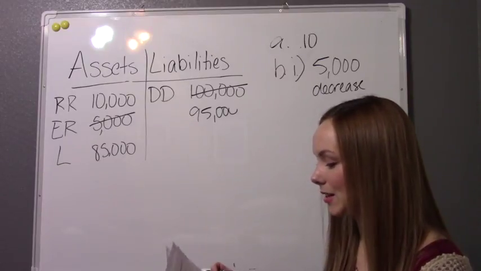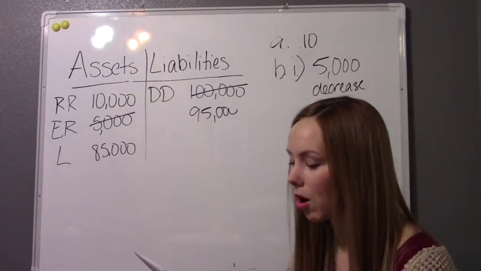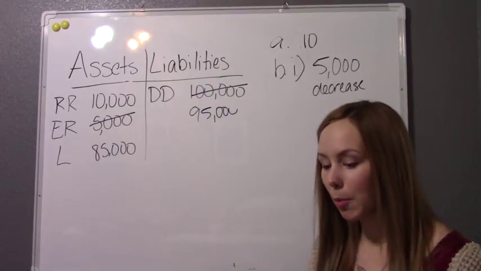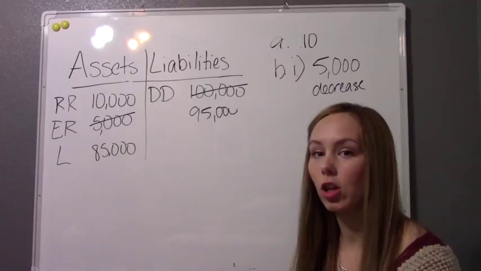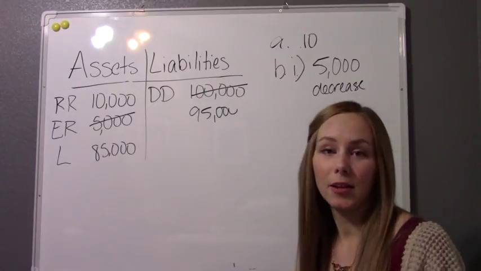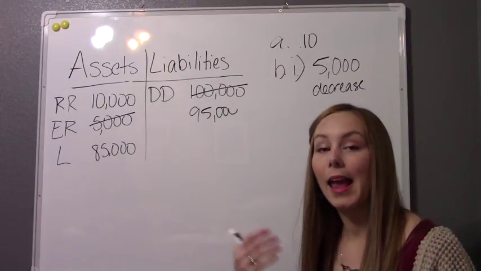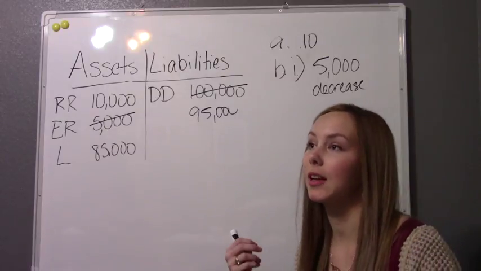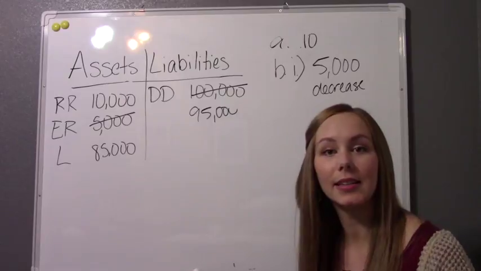Next part: what is the initial effect of the withdrawal on the M1 measure of the money supply? Explain. Remember, M1 includes demand deposits like checking accounts and currency. Whether it's in your checking account or held as currency, it doesn't matter. It's still M1.